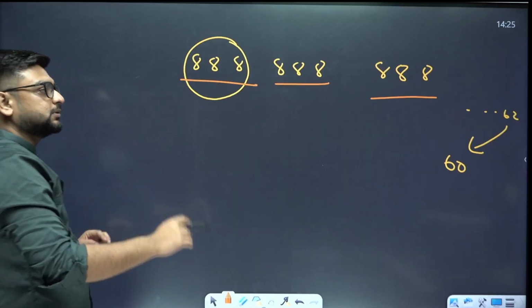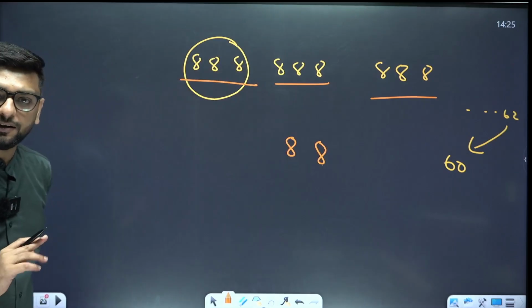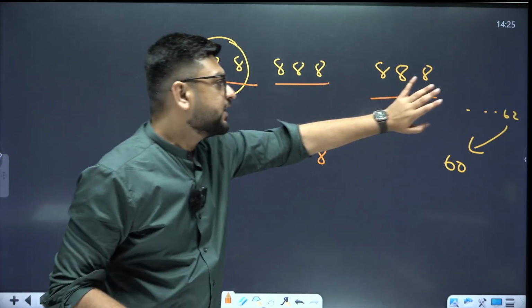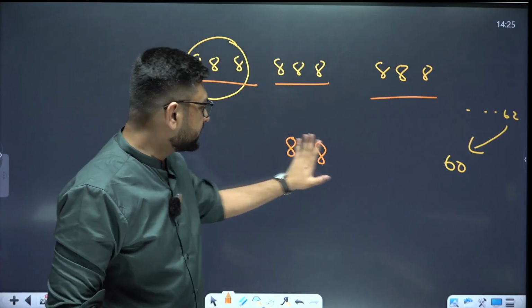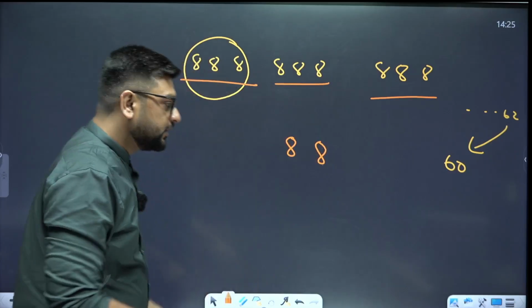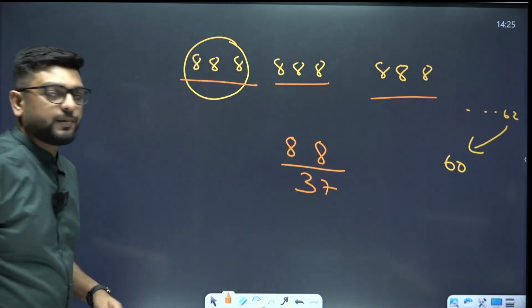But now the point comes where 8 is left. 2 8s are again left. So we do not have to waste our energy on the first part. We just have to consider the remaining part, and we'll divide this by 37.